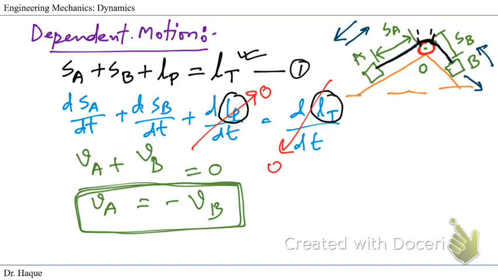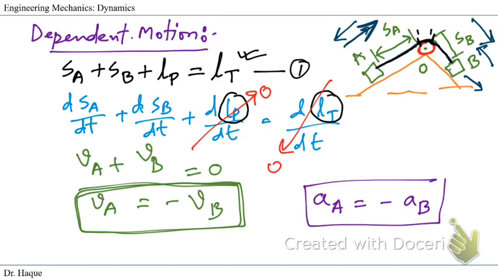Because if we measure SB as positive in this direction, then A would be negative, or vice versa. So that's how we got VA equals negative VB. Simple case. Now if we take a second derivative, we will get the same thing for acceleration: acceleration A equals negative acceleration B. So these are the simple cases.